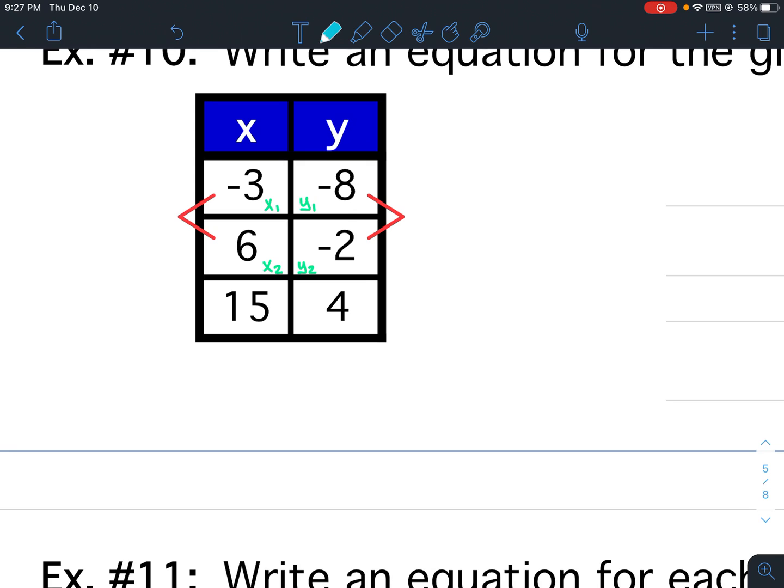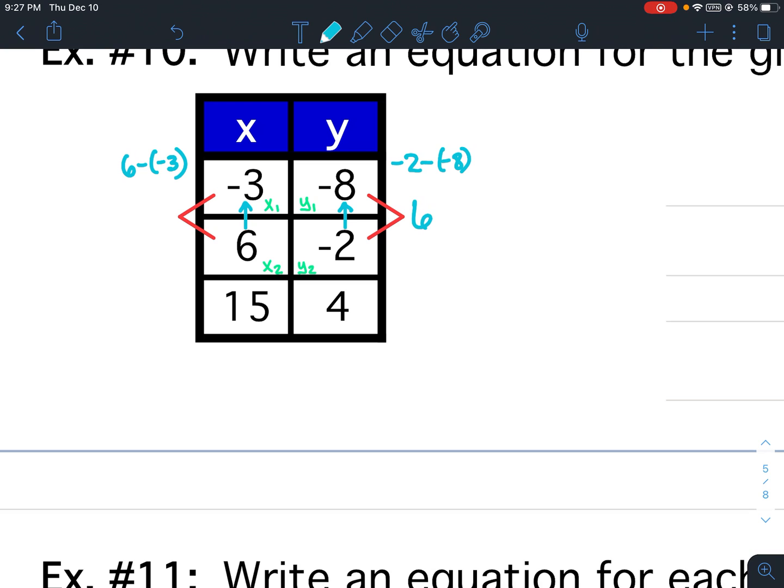All right, so we are going to subtract from the bottom up. Be very careful here. So this is -2 minus -8. And on this side, it's 6 minus -3. So -2 minus -8 would become -2 plus 8, which would give us 6.